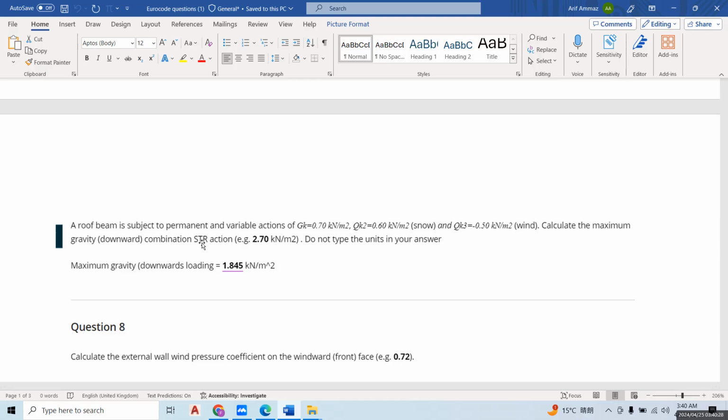Okay, let me help you from notes. Actually we have three loads. The first one is permanent load, the second one is variable load, the third one is snow load.